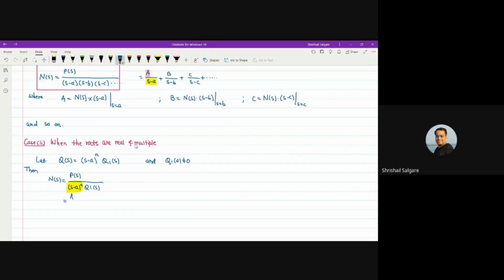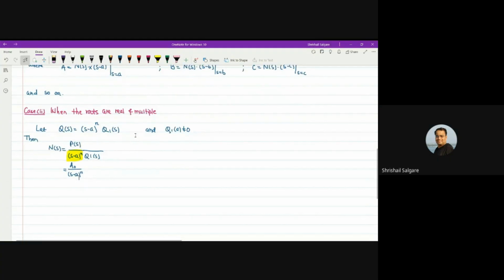A naught divided by that same factor raised to n, and in each step you reduce the order of that factor by 1, plus a1 upon s minus a raised to n minus 1, plus a2 upon s minus a raised to n minus 2.